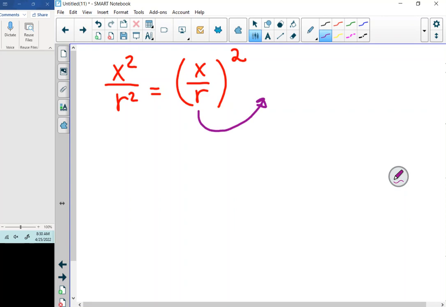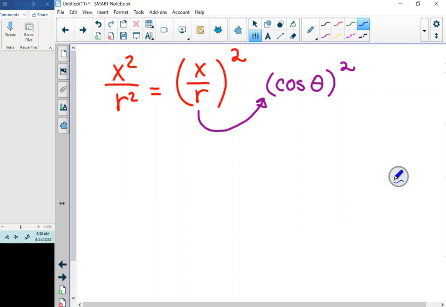And we just agreed that x over r in trig world is a cosine. So we're going to replace x squared over r squared with cosine squared.